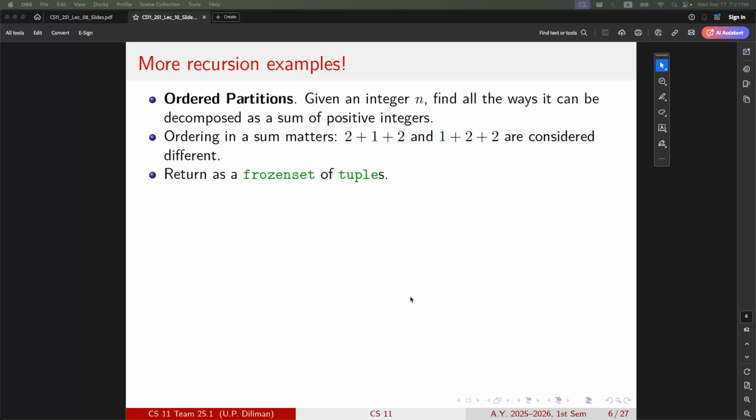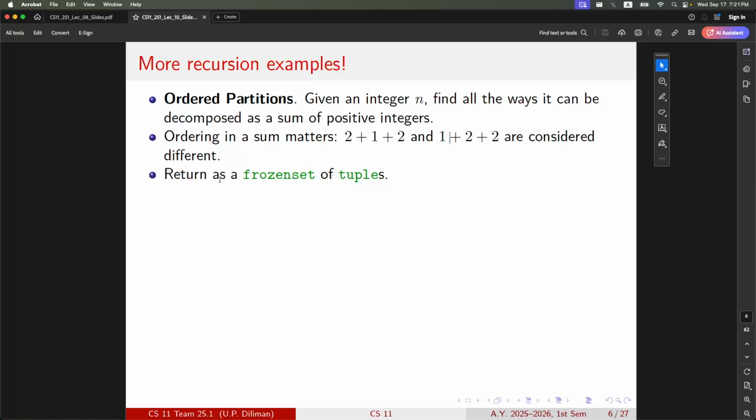When we say ordered, the ordering of the integers matters in terms of uniqueness. So if, for example, n is equal to 5, these two orderings are distinct. The order of the integers, or the summands, the things that you sum together, matters.